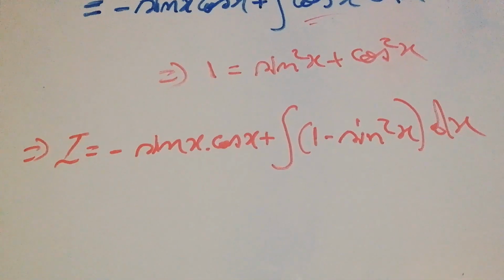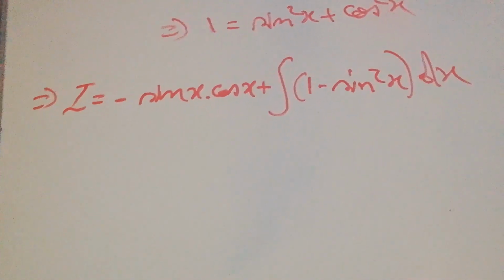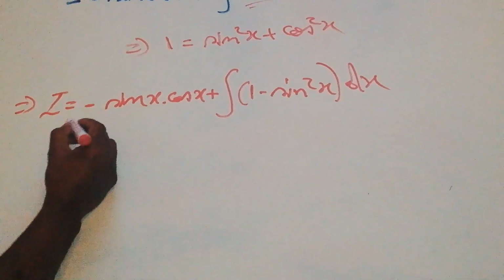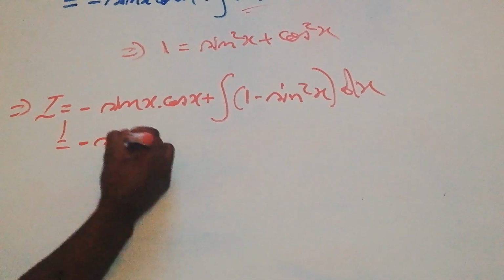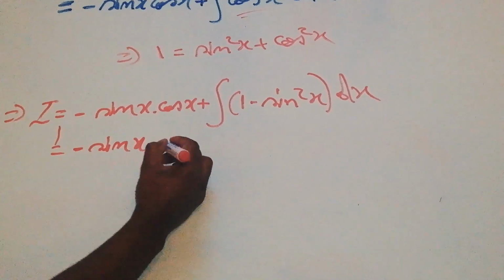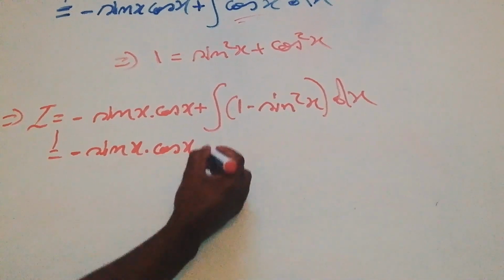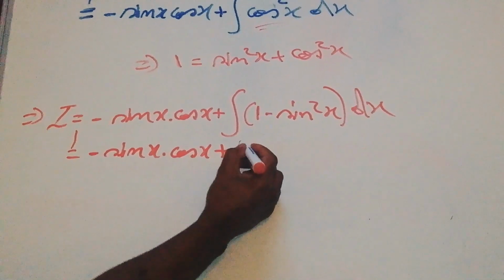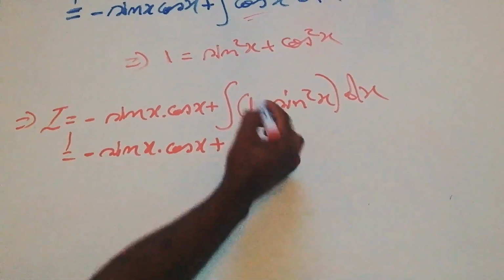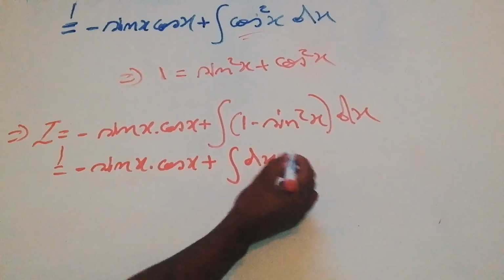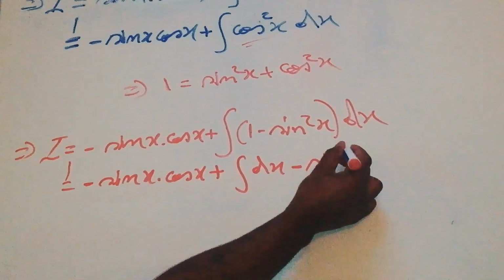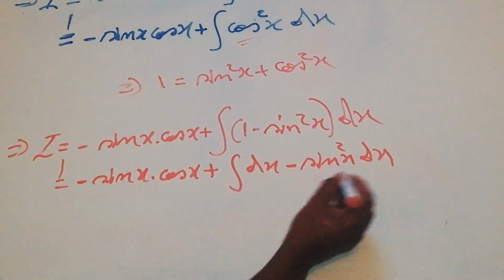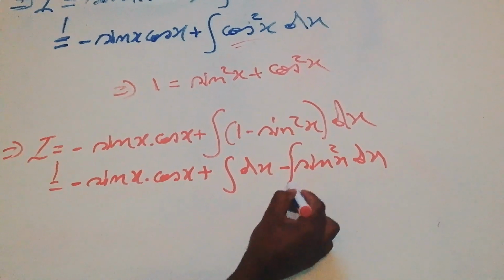Okay, so we'll carry on this way now. So now this integral, we split it. So minus sin x times cos x plus that one comes there, dx, minus sin squared x dx. Okay, I have integral there.